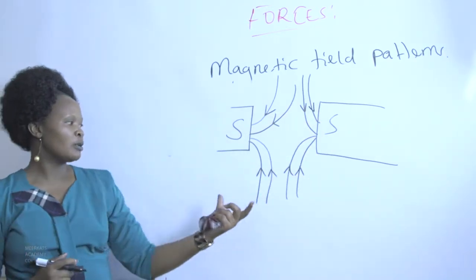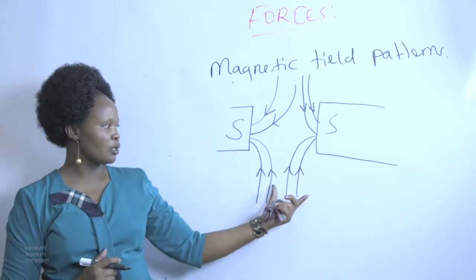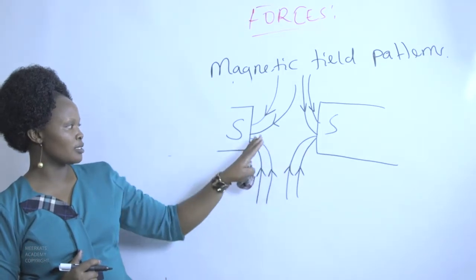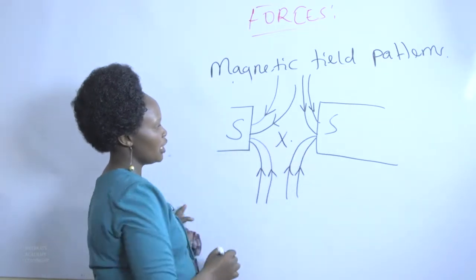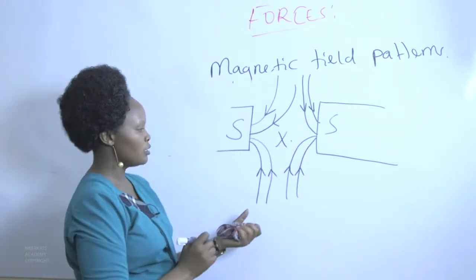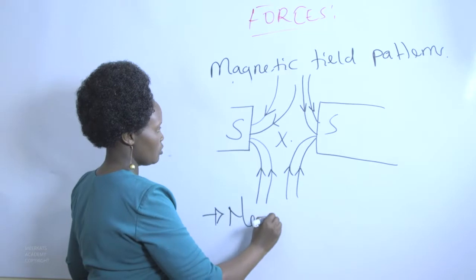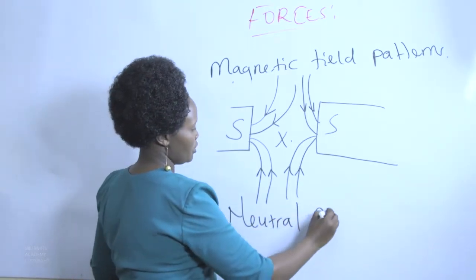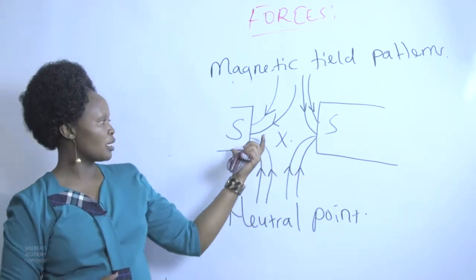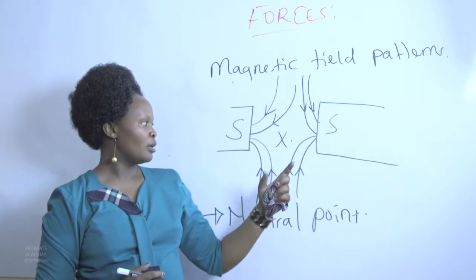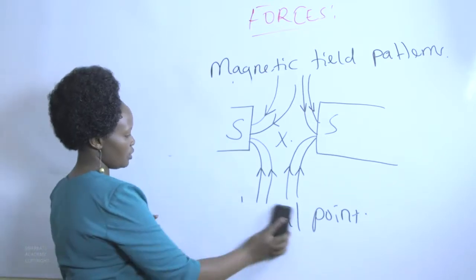Remember, we said that the magnetic lines of force will always originate from the north to the south. Therefore, that is why our arrowheads point towards the south. Again, you will have another region X where there will be 0 magnetic field, and it is also referred to as the neutral point. So regardless of the poles that you bring close together, so long as they are like, there will be a neutral point somewhere at the middle of the field that will result.